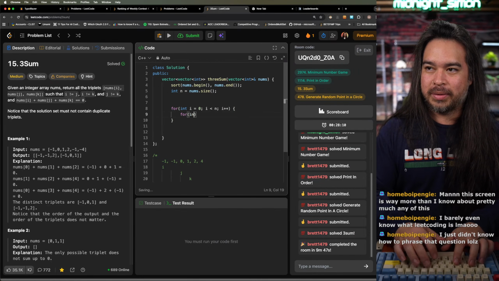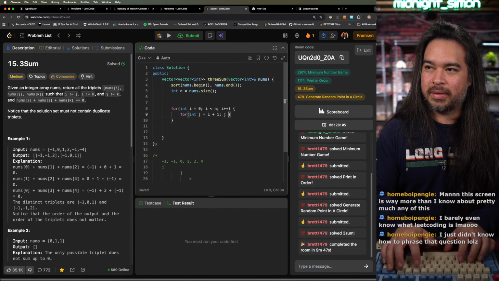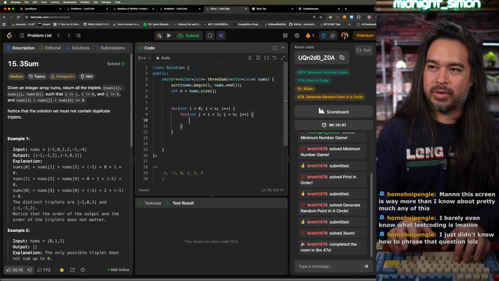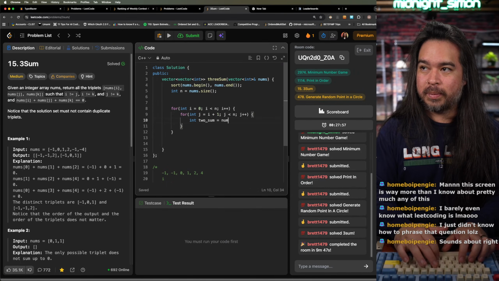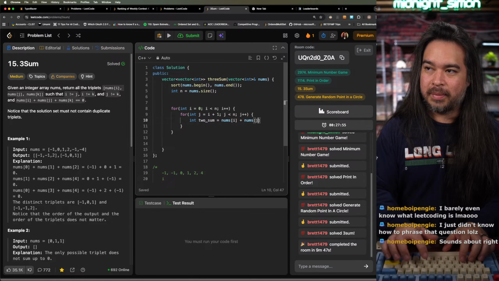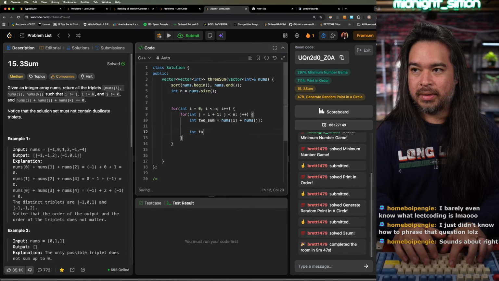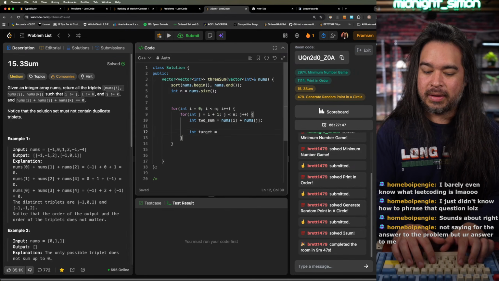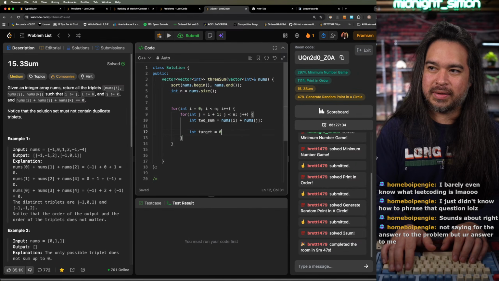But here we go. So I'm going to try this. So this is two pointers, i and j, and then the twosum is that, right? And then our target is going to be, I guess, 0 minus the twosum, or negative twosum, the opposite of twosum.